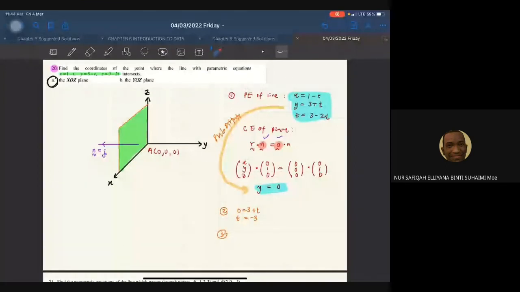Boleh faham ke? Okay, Miss. Alright. Okay, so there's a question from Tam. So Miss, kalau tidak tulis Rn equal to An, boleh tak? Maksudnya this one awak tak buat. Awak terus dapat yang ni ke? Is that what you mean?